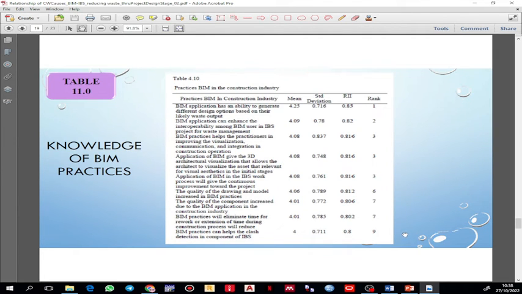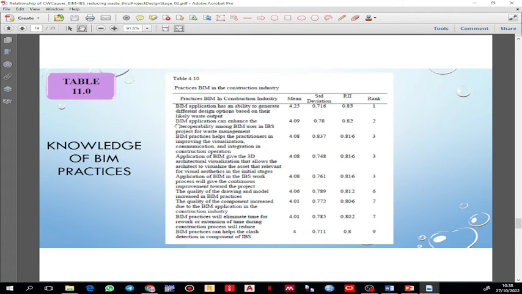The next table, knowledge of BIM practice. Practice of BIM in the construction industry, highest rank: BIM application has the ability to generate different design options based on the likely waste output.